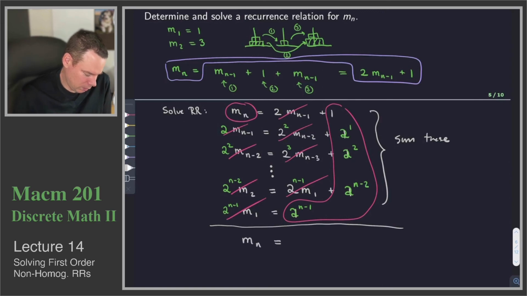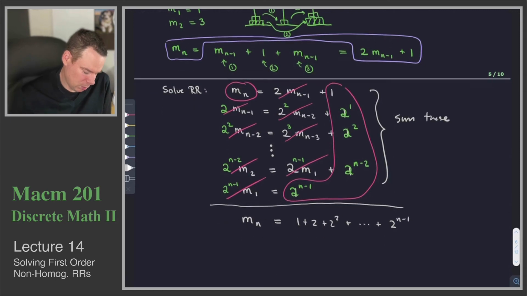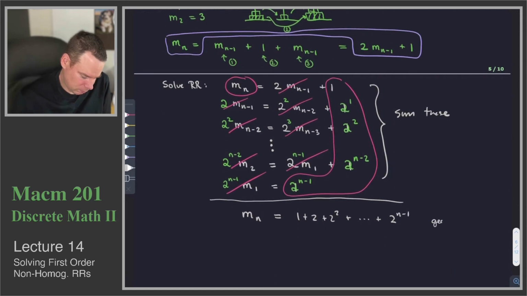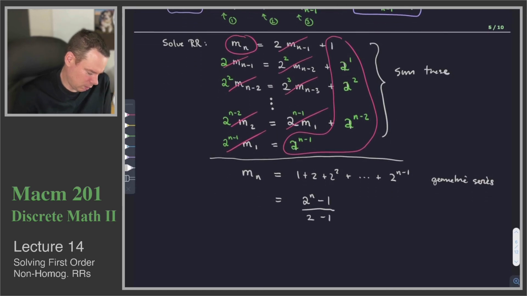What survived on the right is a 1 plus 2 plus 2 squared plus all the way up to 2 to the n minus 1. That's a geometric series. We know what the sum of a geometric series is. In this case, it's going to be 2 to the n minus 1 all over 2 minus 1. And in this case, we've now solved the problem.